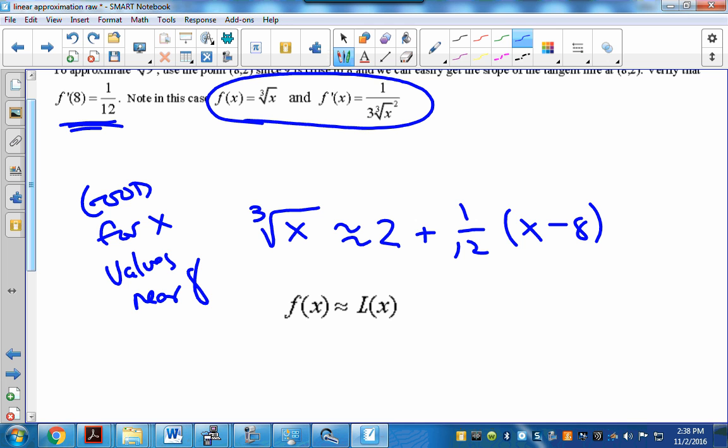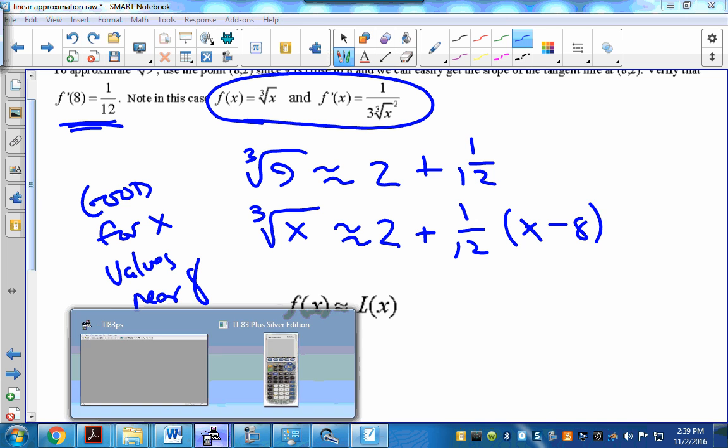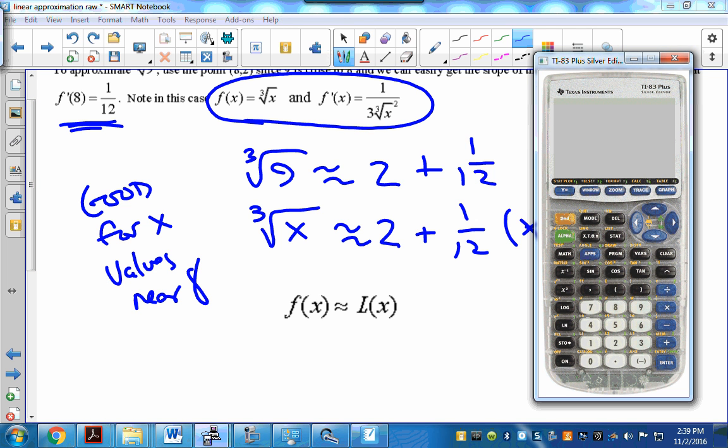Okay. So the cube root of 9 is about 2, which I think most of you would agree. The cube root of 8 is 2, so the cube root of 9 is about 2, and then add 1/12 there, because you're putting 9 there. Okay, so once again, just sort of comparing with 2 plus 1/12 is that guy.